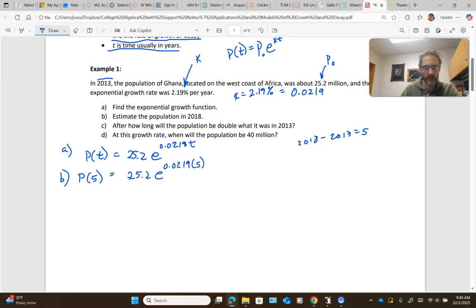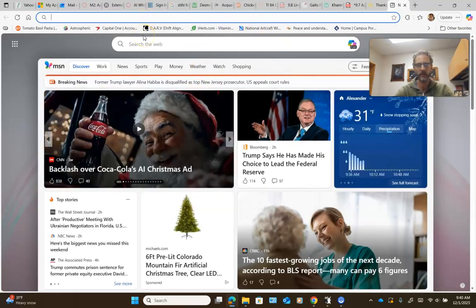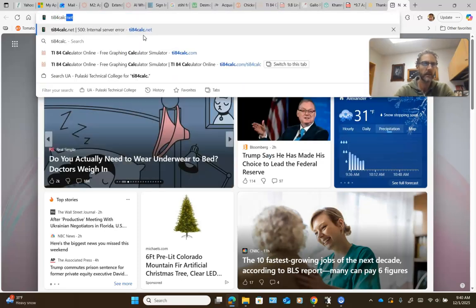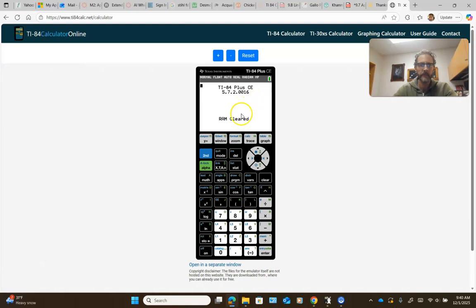Times 5. And you can put all this into your calculator, or I'll use the online TI-84. 25.2, and for your E key, I would use this one down here: second, then your LN key, and then k was 0.0219 times 5.